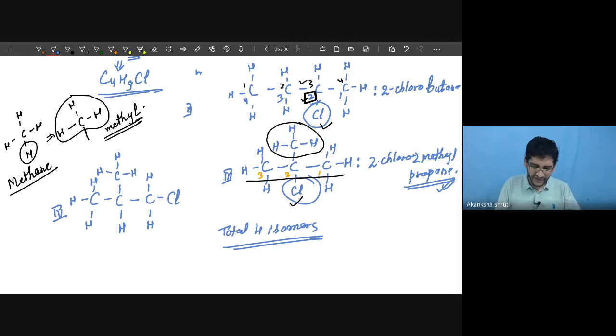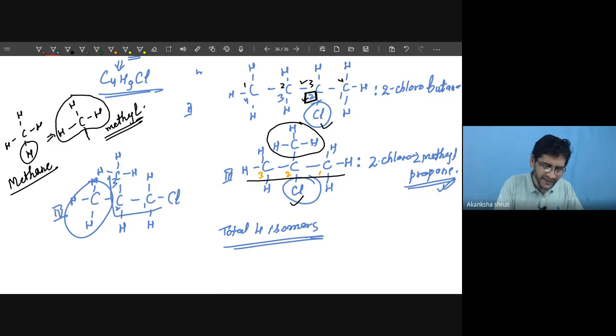If we are considering this one, here again we shall number from here to here, 1, 2, 3, then this is acting as another methyl group. Or the other way is, you can take the straight chain also, from here to here. Always from the functional group you have to start the nomenclature.